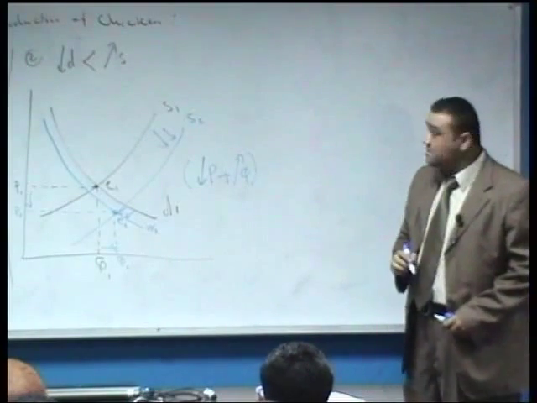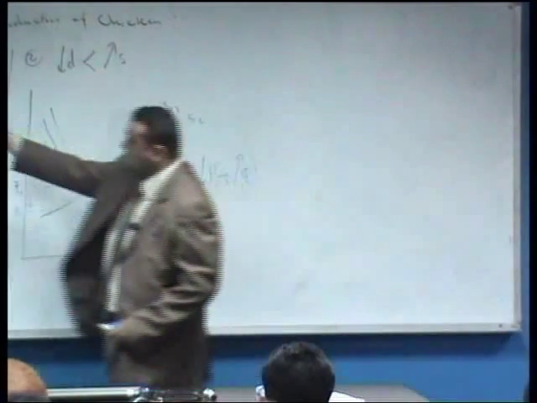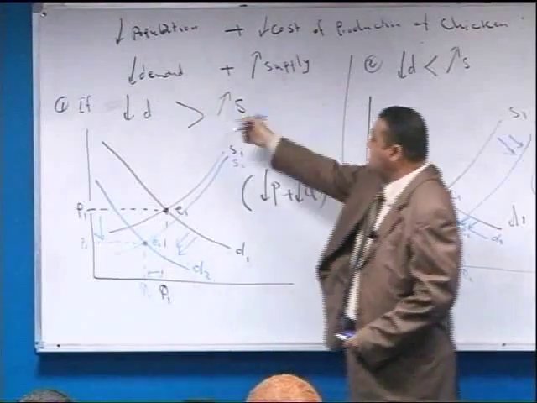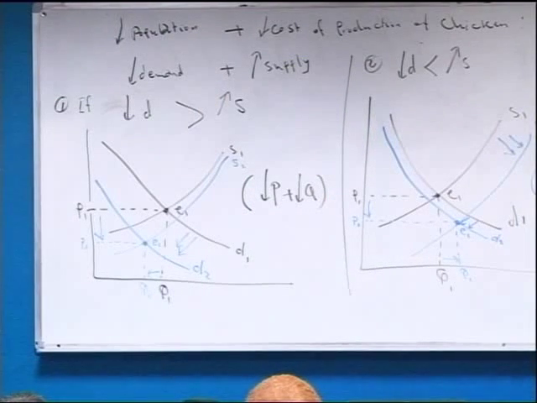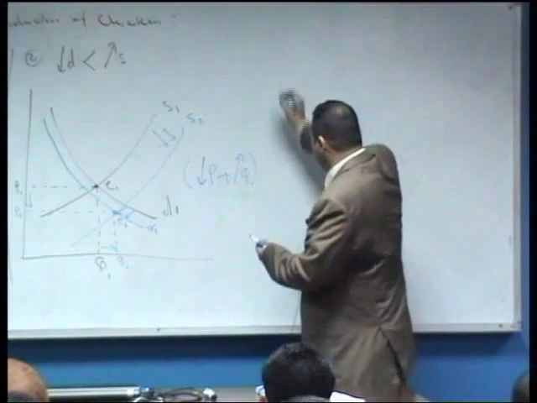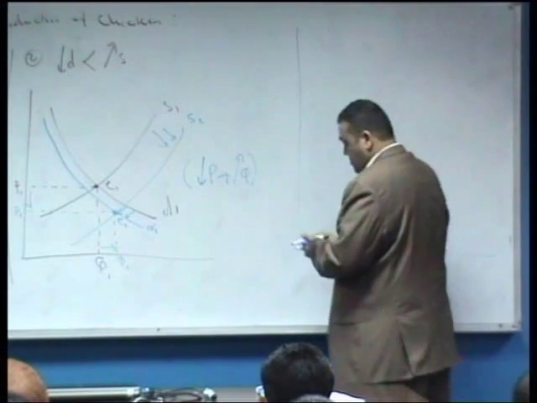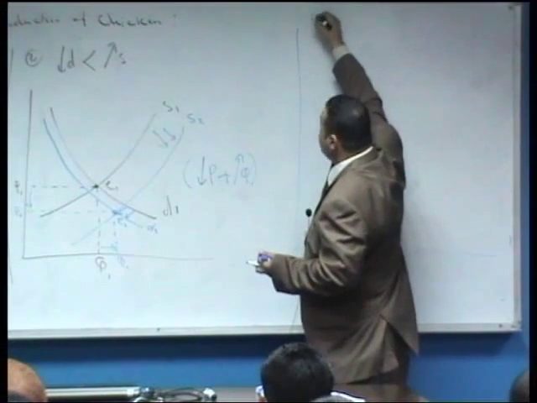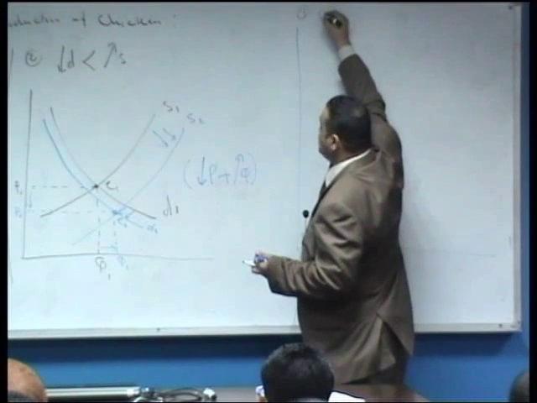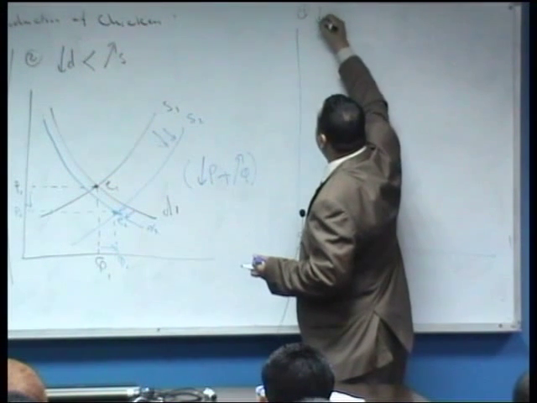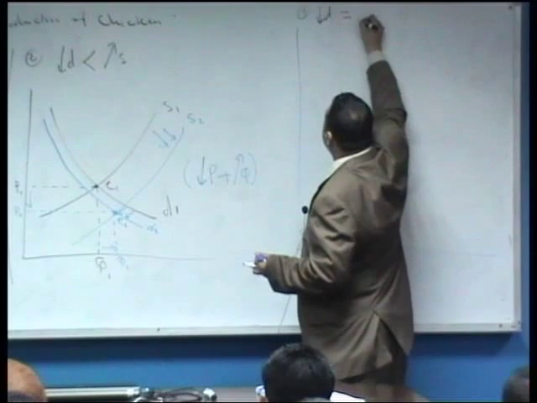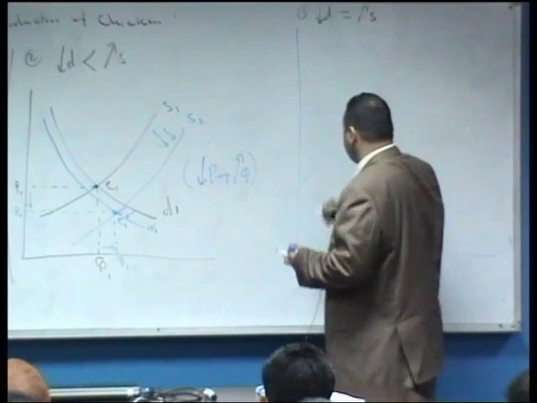In the last case, when the reduction in demand equals the increasing in supply. So in this case, the reduction in demand or declining in demand equals the increasing in supply.